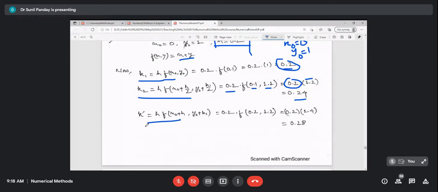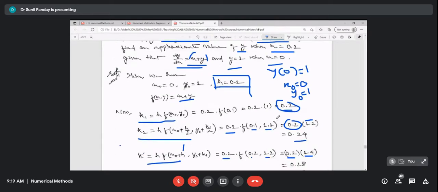Then we will calculate k dash. Here k dash is given by h times f(x0 plus h, y0 plus k1). So h is 0.2, x0 is 0, and y0 plus k1 is 1.2, so 0.2 into (0.2 plus 1.2), you will get 1.4 and 0.28.